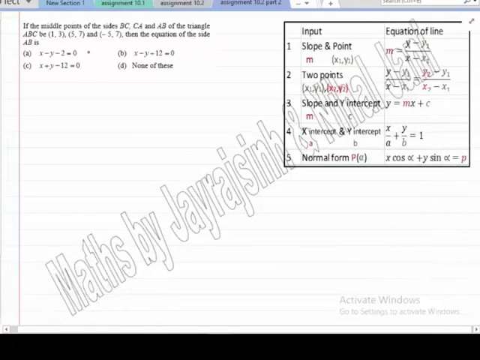Our next question contains one triangle. If the midpoints of BC, CA and AB are, let's call them, P, Q and R respectively, then we have to find the equation of side AB. First of all, let's draw a triangle.